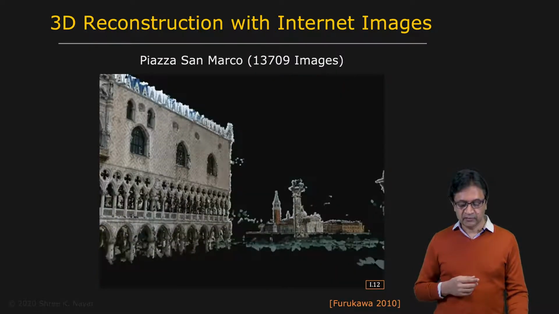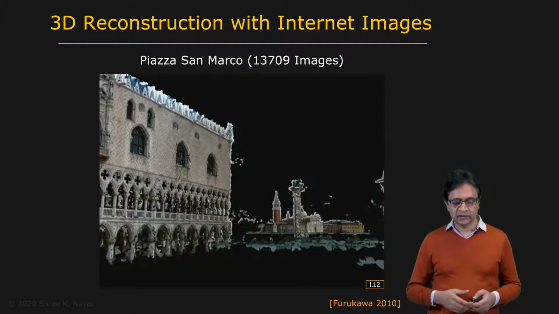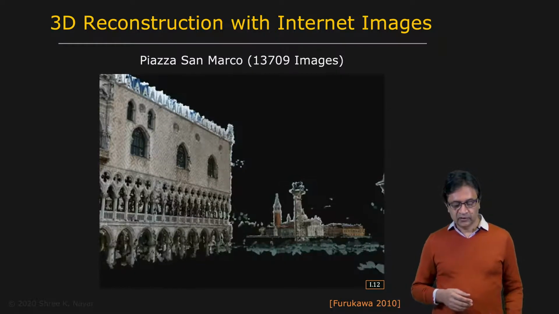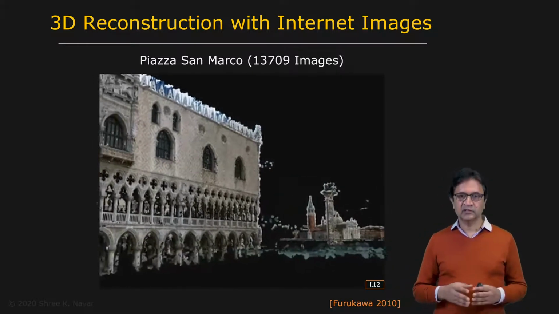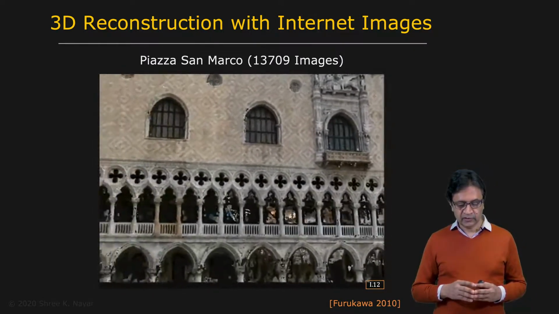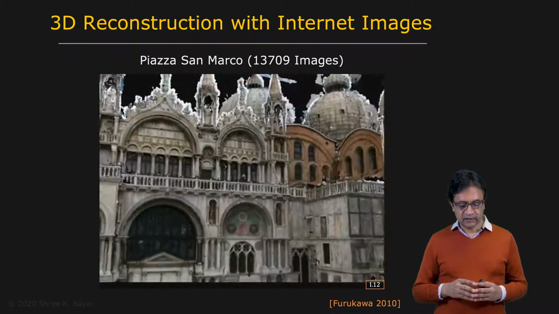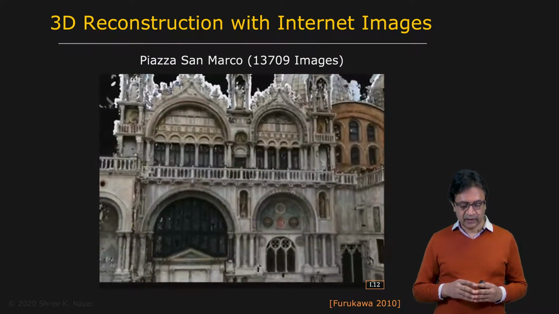Here's another example by Furukawa. This is Piazza San Marco in Venice. Again, a very large space, but lots of people visit there and take pictures and share them. So from those shared pictures, in this case roughly 13,000 images, you're able to reconstruct this kind of 3D depth map.